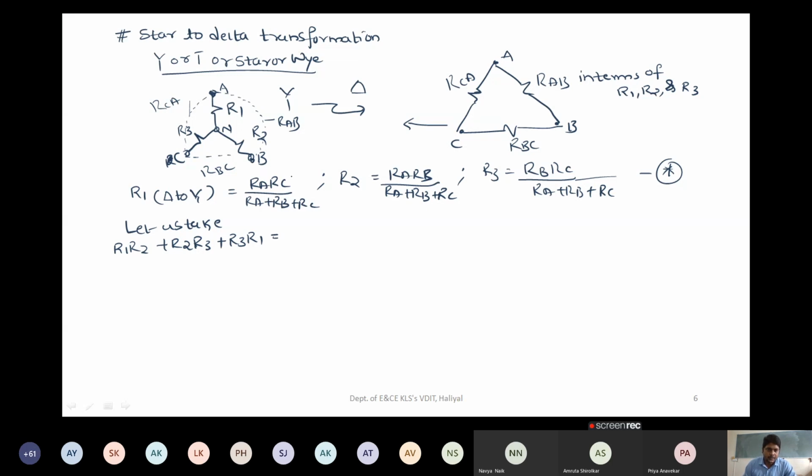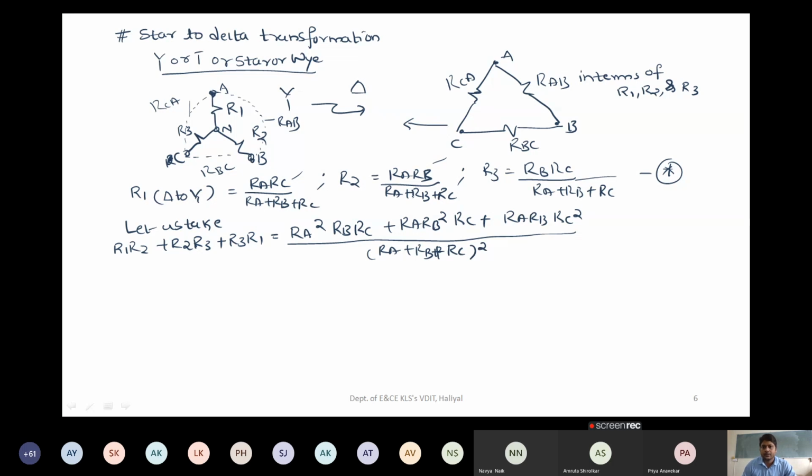If you multiply these, we get an equation like this: RA square RB RC plus RA RB square RC plus RA RB RC square, whole divided by RA plus RB plus RC whole square. You just have to cross multiply, and remember that one of the terms is squared here.